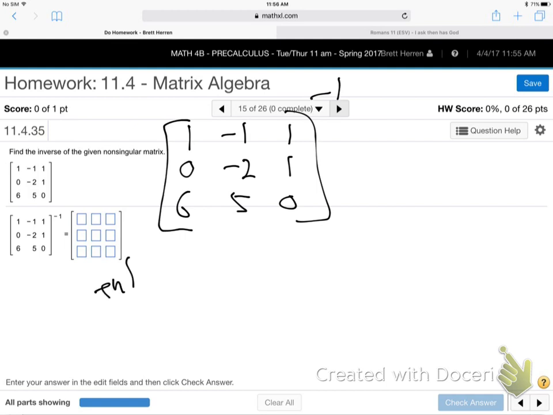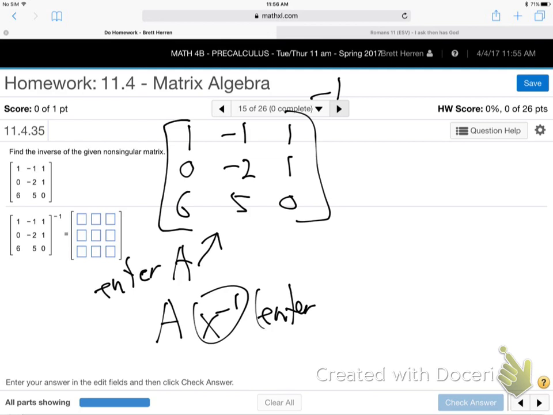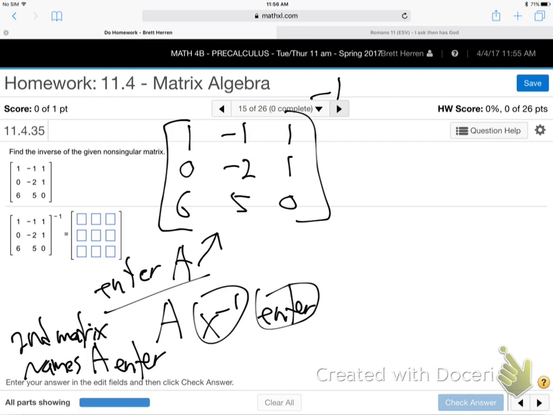Enter matrix A, the whole thing, then hit second, matrix, names, A, enter, and then hit the x to the minus 1 key and enter, and it'll do it automatically for you. We don't want to do it by hand.